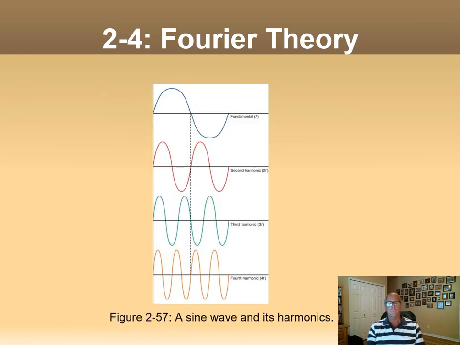If you take all of these and combine them together, this is the first harmonic, second harmonic, third harmonic, fourth harmonic. If you take all the odd ones, in other words, first, third, fifth, seventh, ninth, all the way up to infinity, you make a square wave. You combine all those sine waves together.